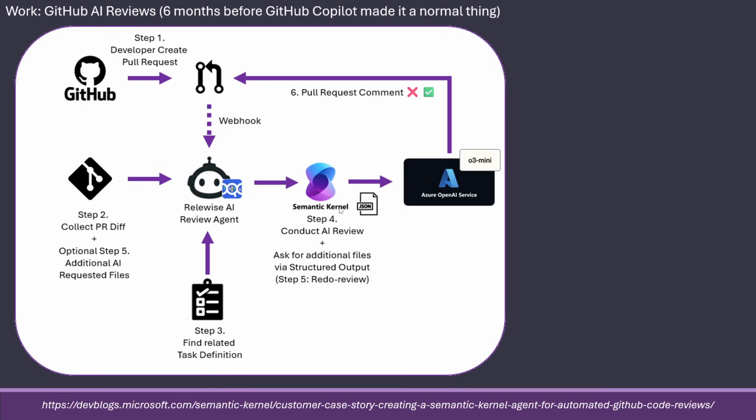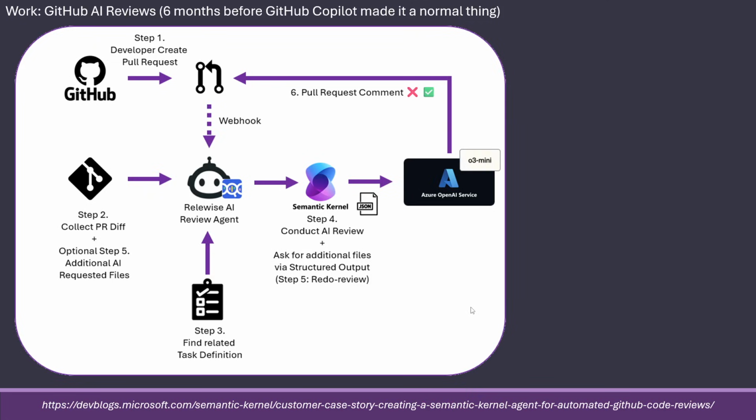And again, it's not Semantic Kernel anymore, it's now Agent Framework. And in the structured output, it's being allowed to say, hey, I could do a better review if I had this, this, and this file as well, because a diff doesn't include all files. And if it asks for that, it redoes this step with the additional files on the fly.